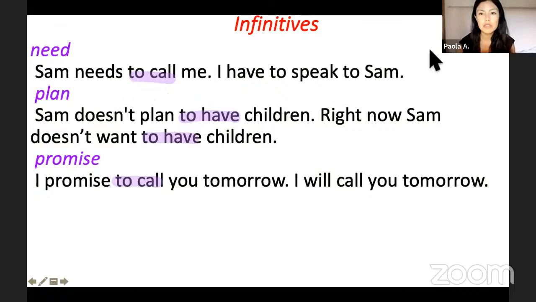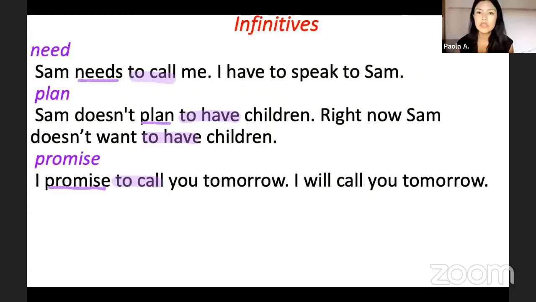It's not in the base form. Here, needs. Plan, for example, is in the negative. It's followed by an infinitive. And promise, same, it's just in present. But after each verb, it's always followed by an infinitive, all right?